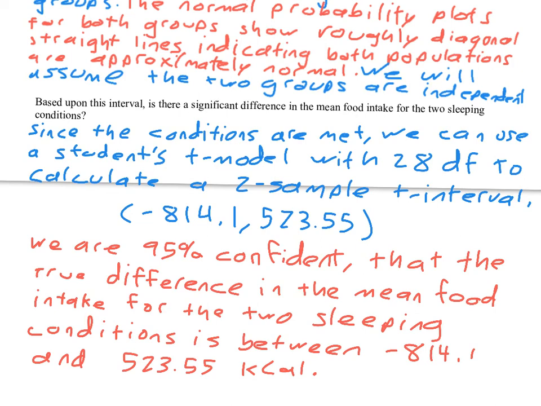So because 0 is in our interval of plausible values, that means there is no significant difference, because theoretically they could be the same value. So I'll let you guys write that down. There is no significant difference in the mean food intake for the 2 sleeping conditions because 0 is contained in the interval.